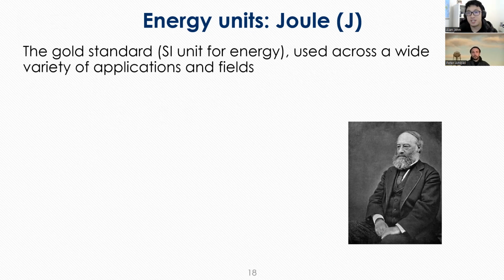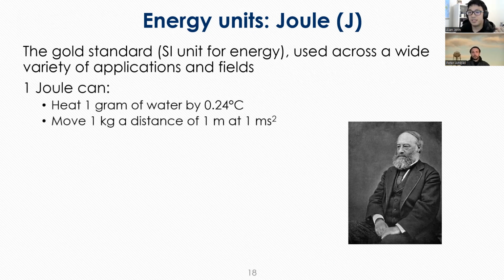So the actual definition of a joule is the ability to heat 1 gram of water by 0.24 degrees Celsius at 1 atmosphere. And maybe the easier one to remember is the amount of energy used to move 1 kilogram a distance of 1 meter at 1 meter per second squared.